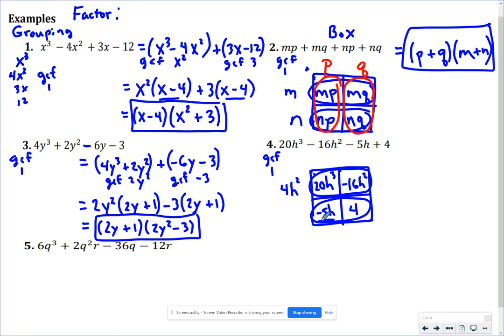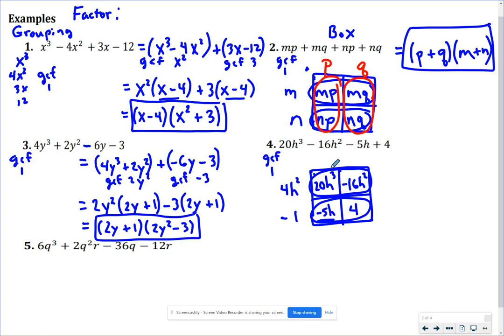The general controls the sign. It's negative 5h, so I want a negative out here for that GCF. 5 and 4 are divisible by 1, so my GCF is a 1, but I need the negative. The general, the leader of that, determines the sign that you use.